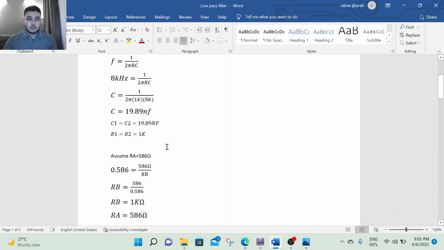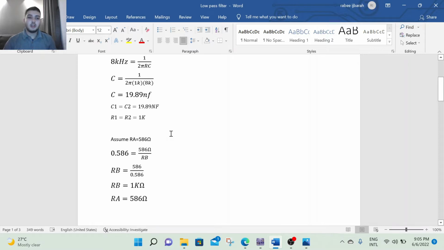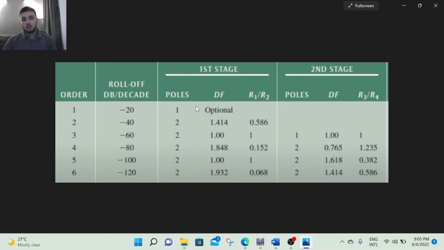For the resistor, I assume RA is 586 ohm, and as I said, the circuit must be second order, so we can get R1 and R2.